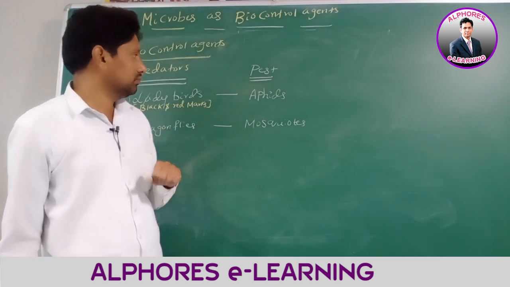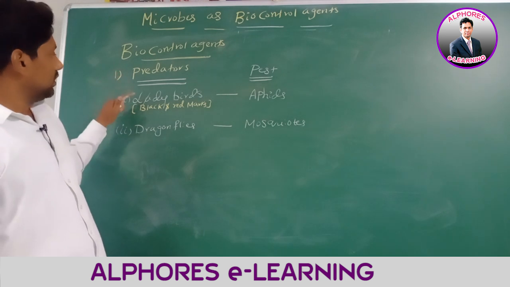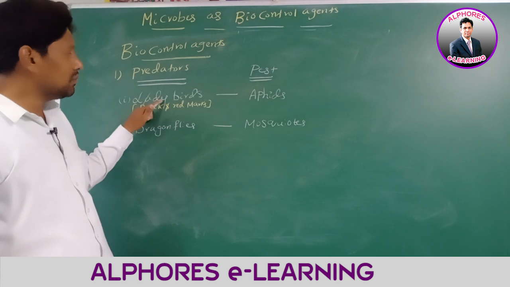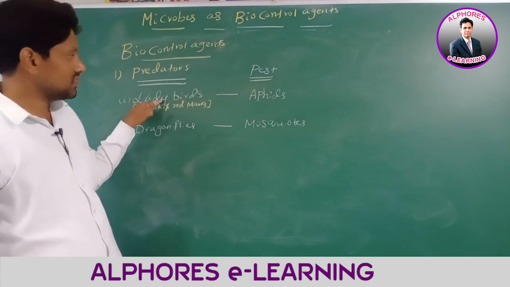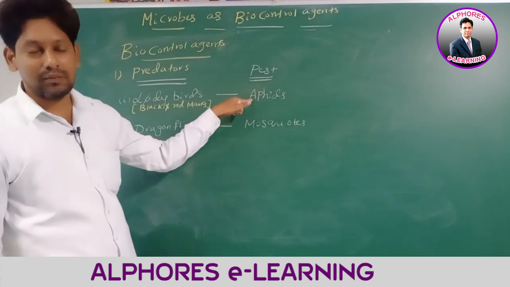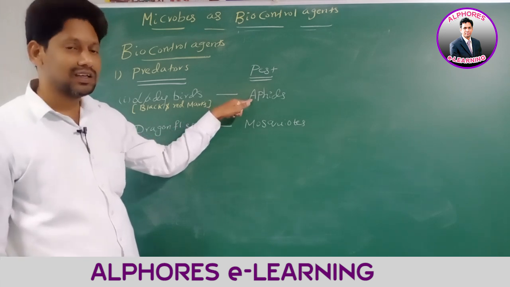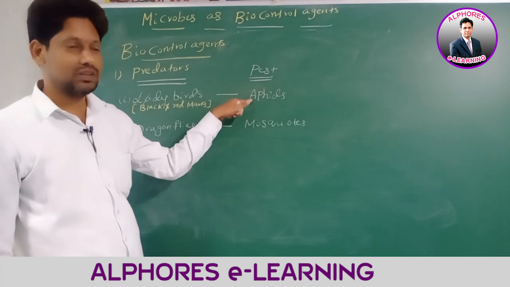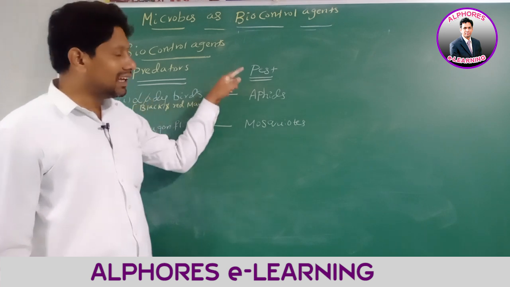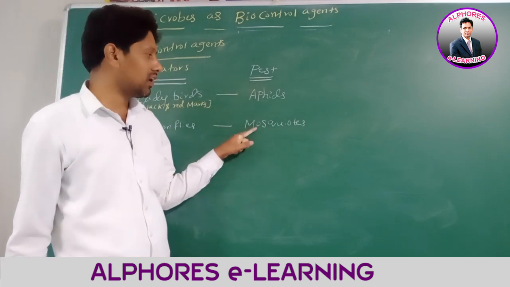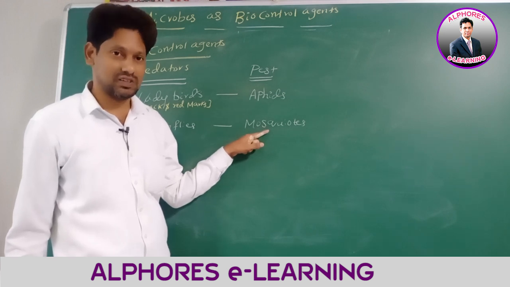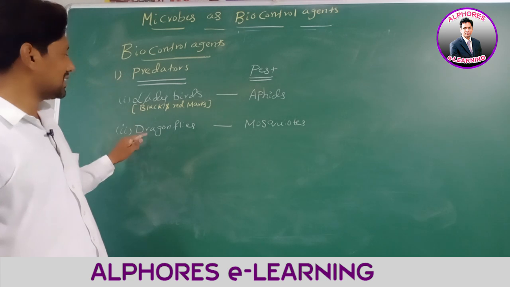Now listen here. Ladybird is a predator. For this ladybird, the pest is aphids. In an agricultural field, if the number of aphids is more, then which predator do we use? Ladybirds. If more mosquitoes are present, then which predator do we use?